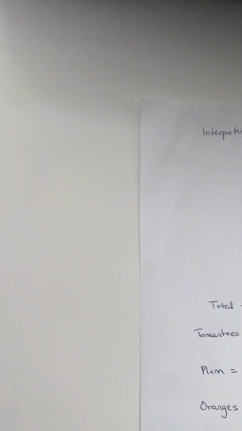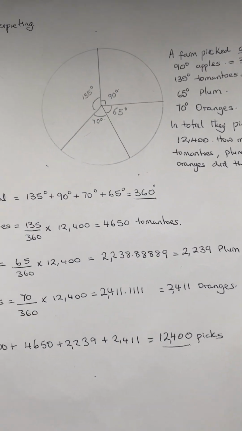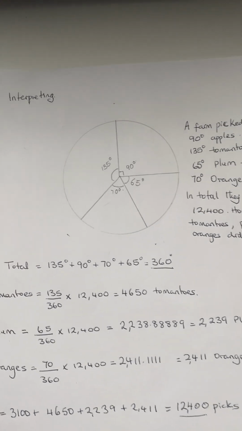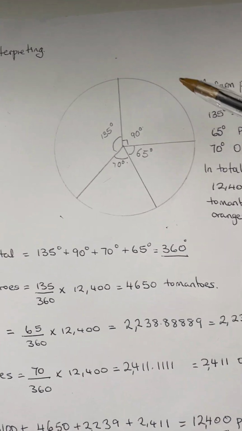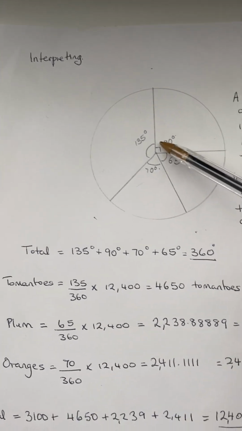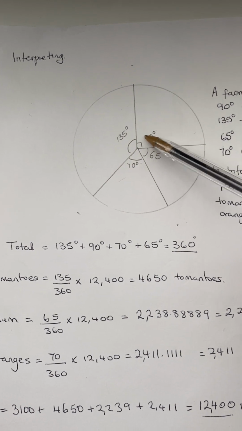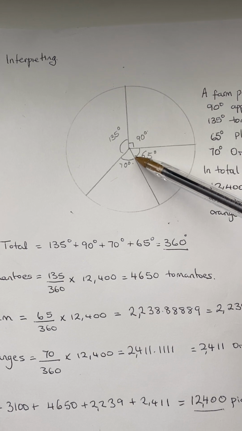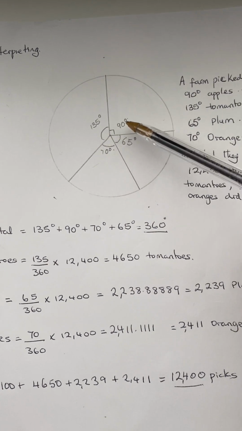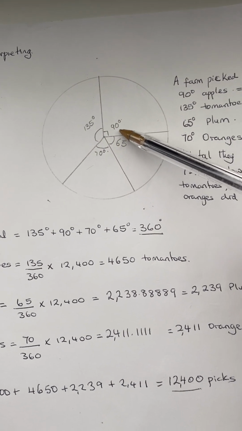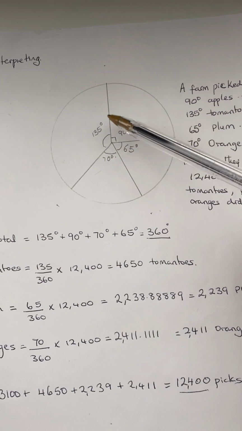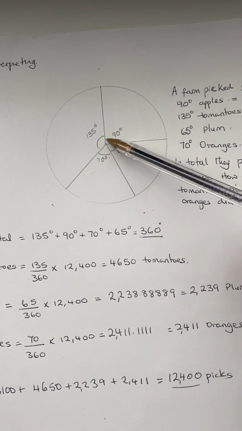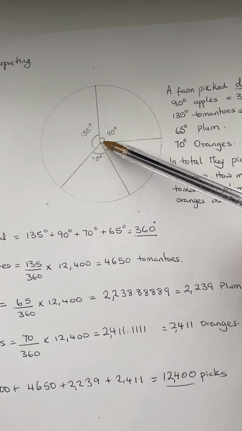Okay, here is another example of how to interpret a pie chart. In the beginning, I said the full pie chart should represent 360 degrees because it's a circle. So we have here 90 degrees because we know that 90 degrees has this sign.